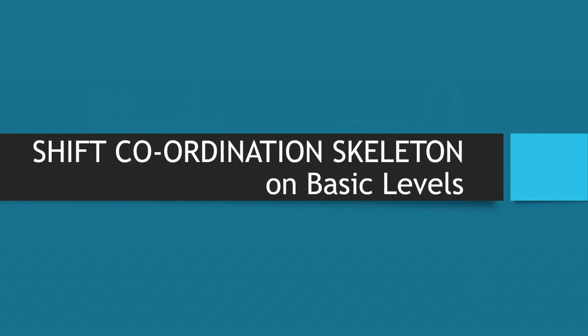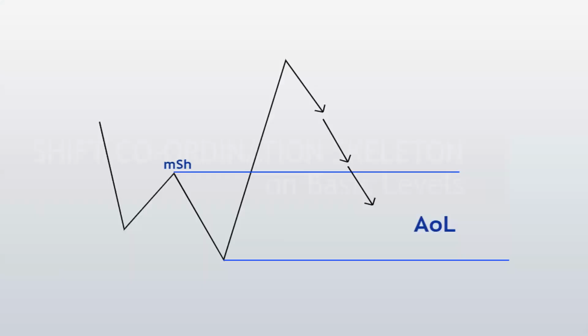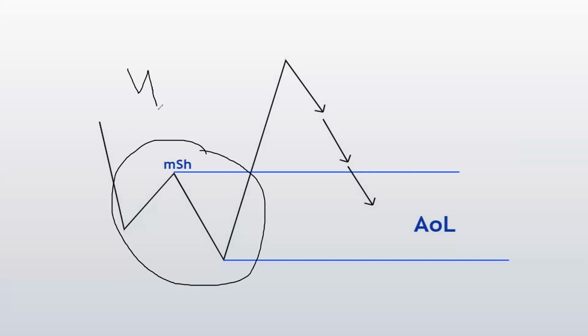So now let us discuss shift coordination on basic levels. When the market forms a shift like this one, we say that the market is in a transition phase. When I talk about transition phase, the market has changed the direction of the trend, but it hasn't confirmed to us that this is the true trend.